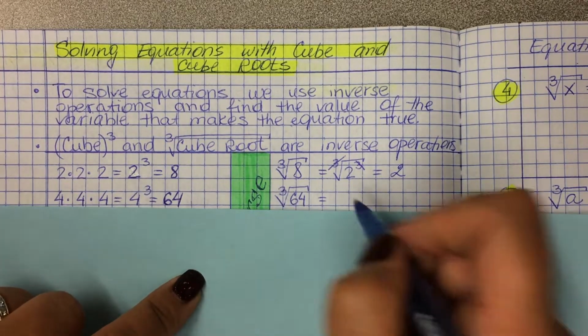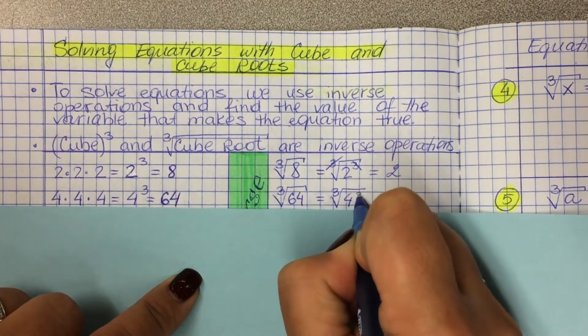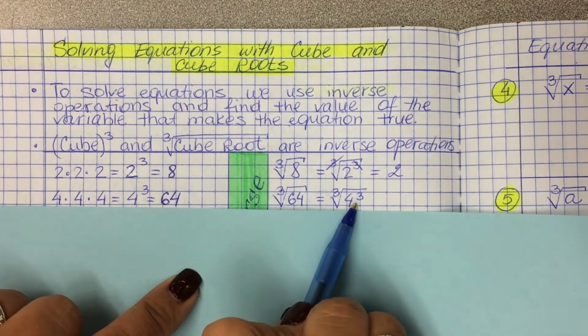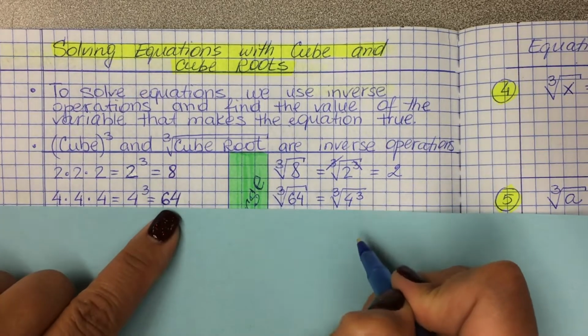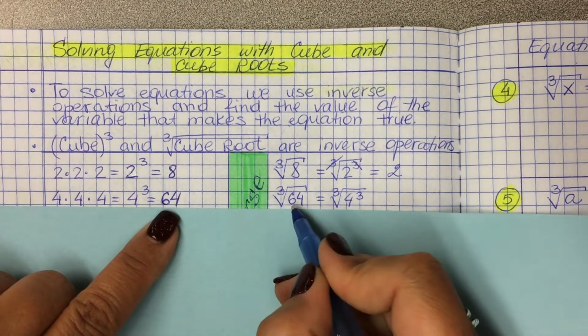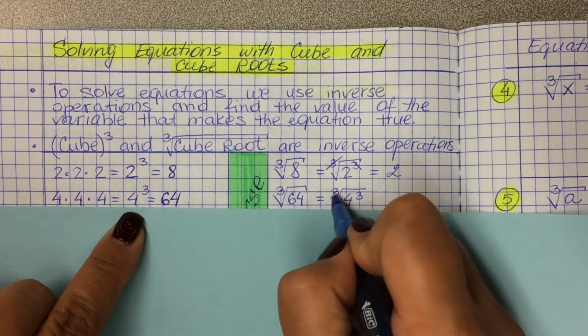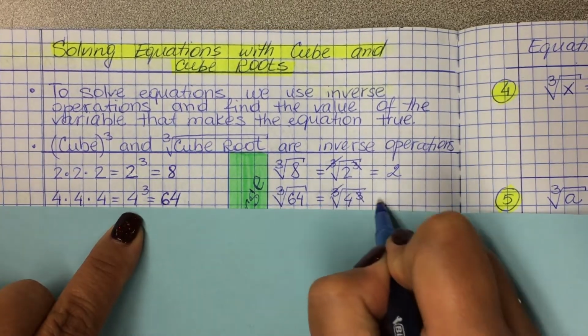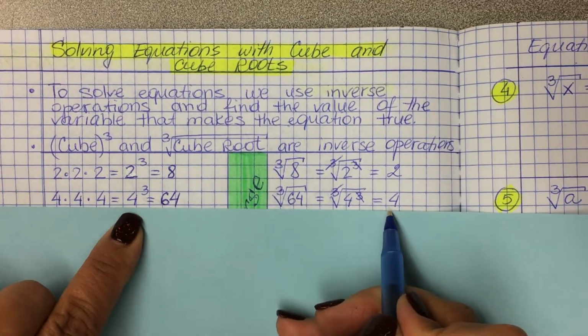That number is 4. Because 4 times 4 times 4 is 64, I can write as inverse operation that the cube root of 64 is the cube root of 4 to the third power, and show that cube and cube root are inverse operations. Therefore, the value of the cube root of 64 is 4.